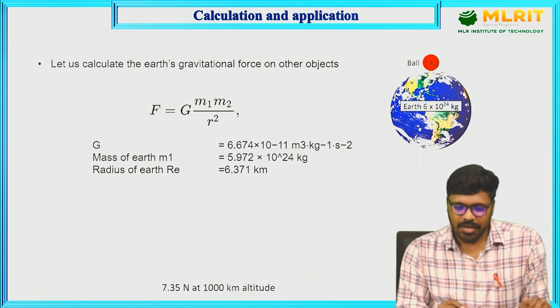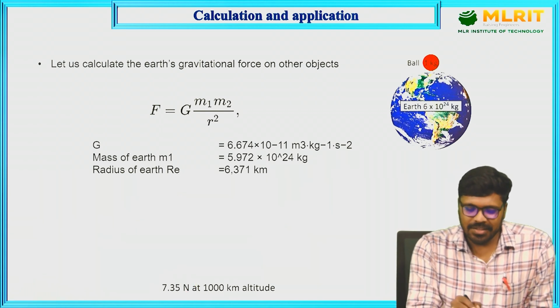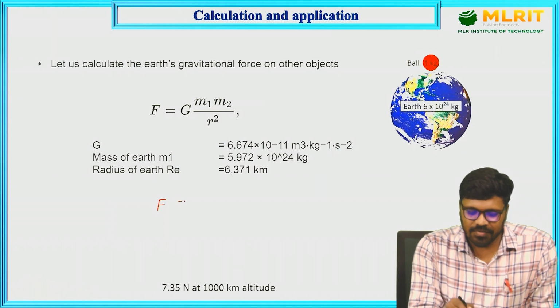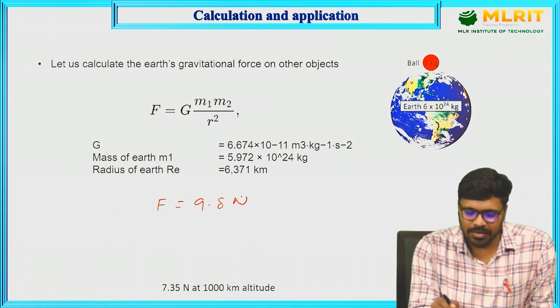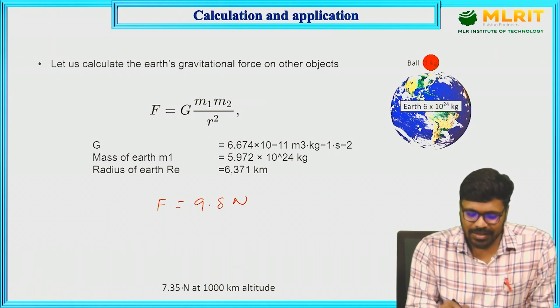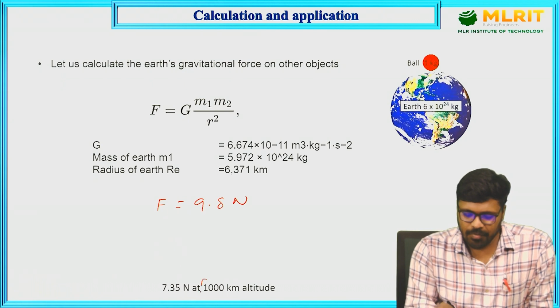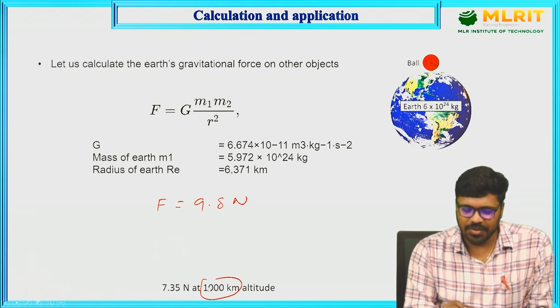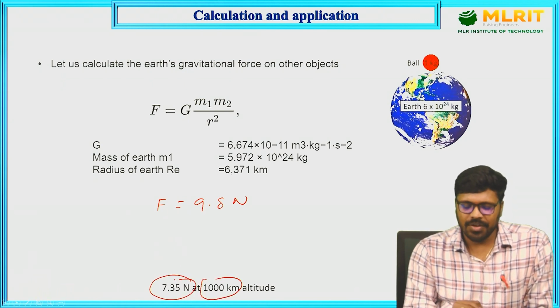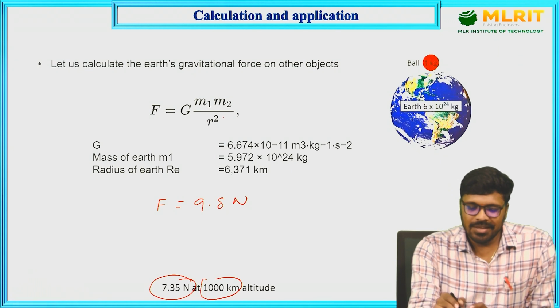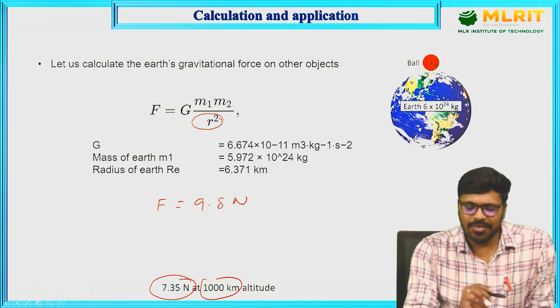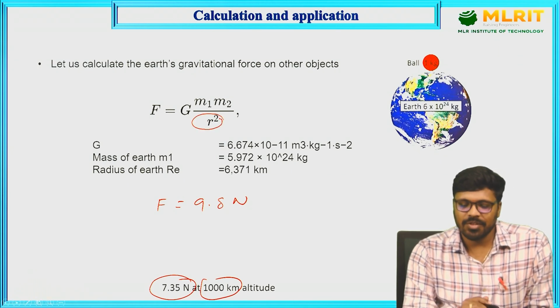See here, if you take the ball on the earth surface, you get F equal to 9.8 newton, and if you take the ball at a distance of 1000 kilometer from the earth surface, you get 7.35 newton. Why? Because force is inversely proportional to the square of the distance between the two objects.